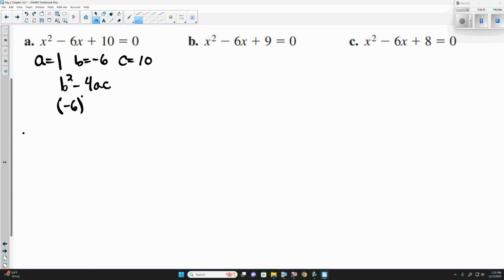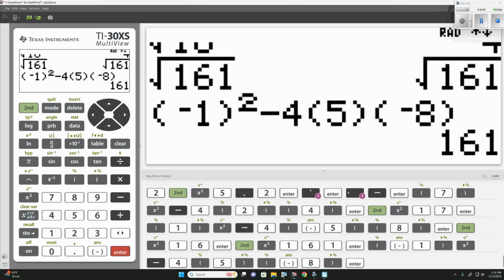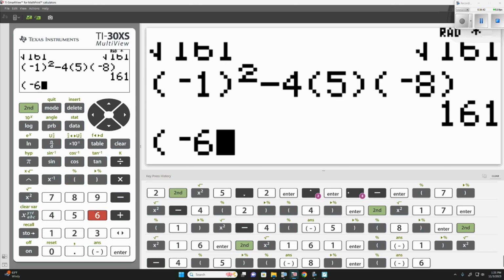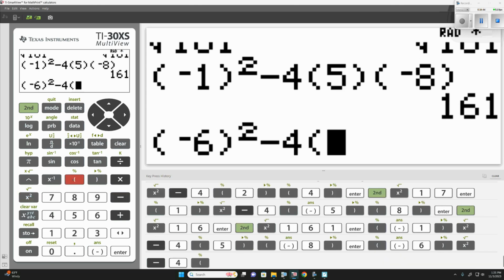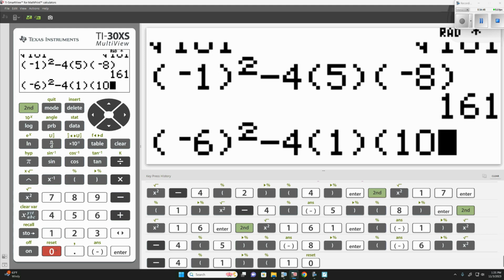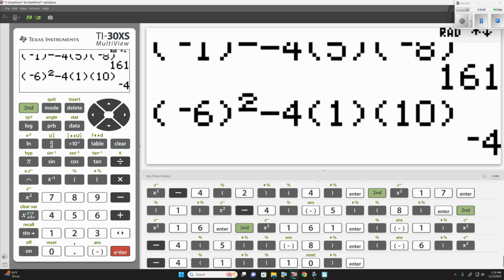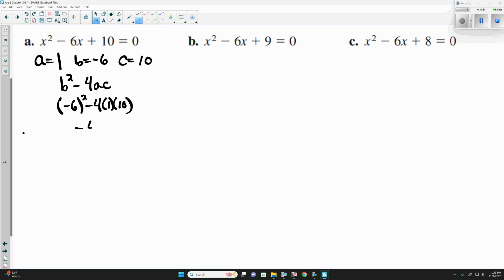So this would be negative 6 squared minus 4 times 1 times 10, which is negative 4. So the value of the discriminant is negative 4. So that is the first part, and that would be the first part of your answer on the homework.